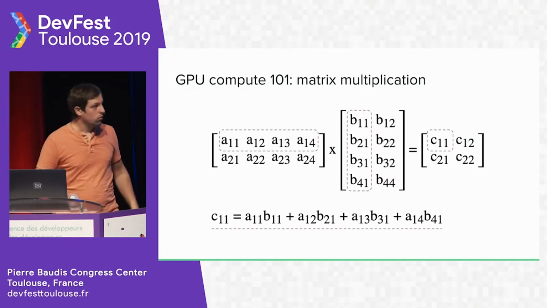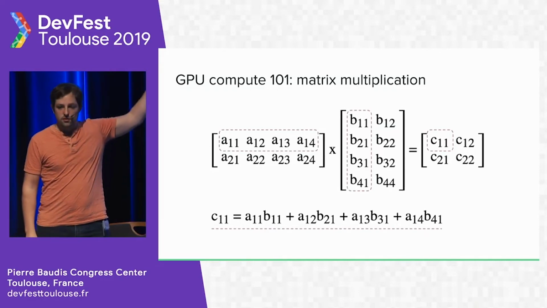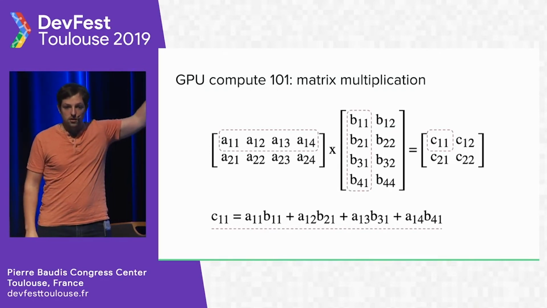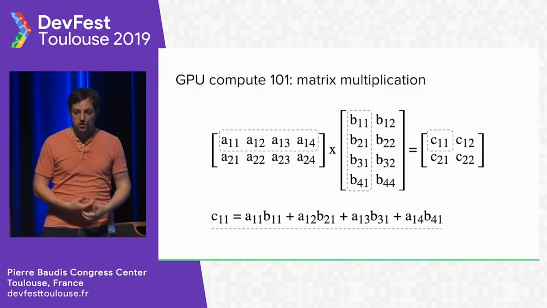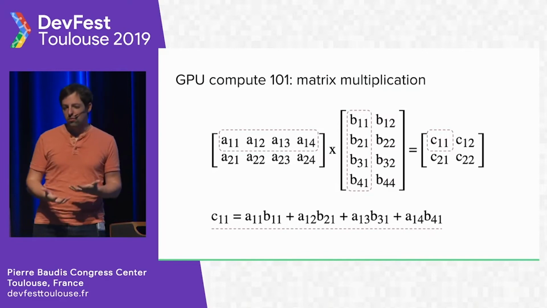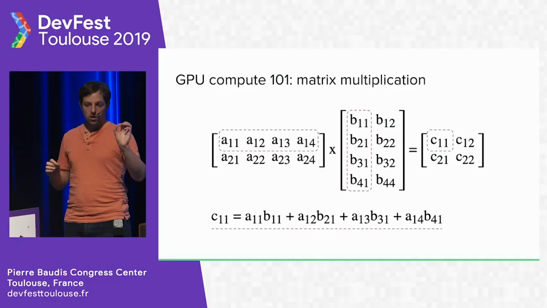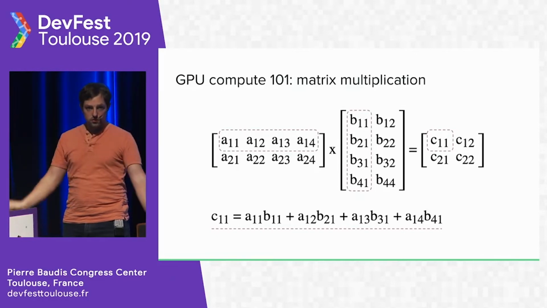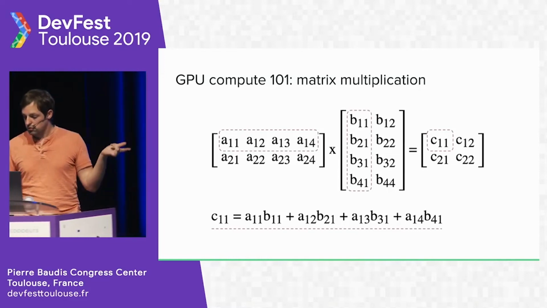So I won't go through matrix multiplication, but the point here is that for each cell in the C matrix, we are going to have to do a bunch of computation, but for each cell, the computations are similar. So in a way, we could see each of the cells as the pixels on an image that we are rendering. So this is what we're going to do. We're going to execute the same program on all the elements of the matrix with different data very efficiently using the GPU.